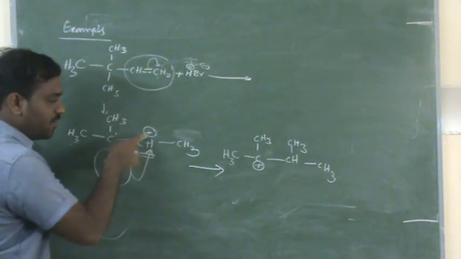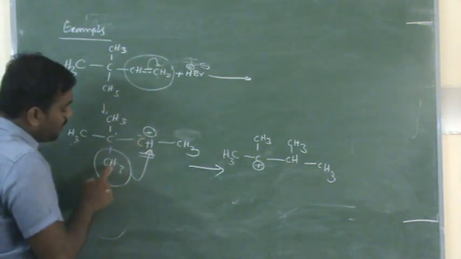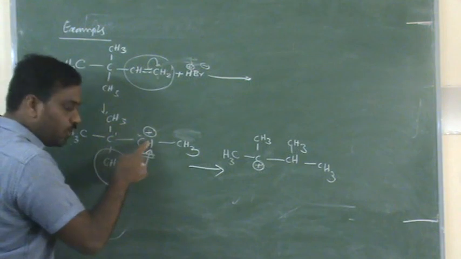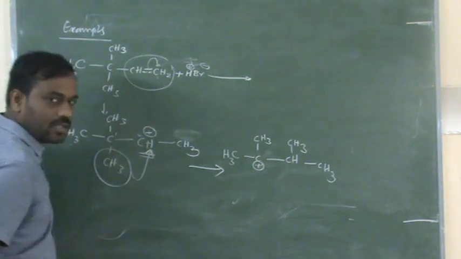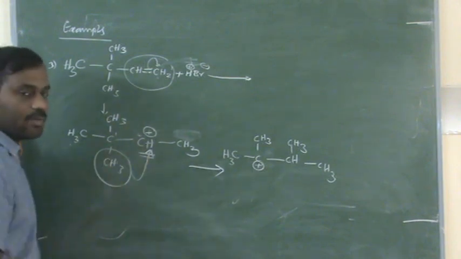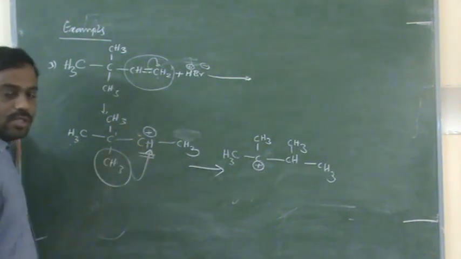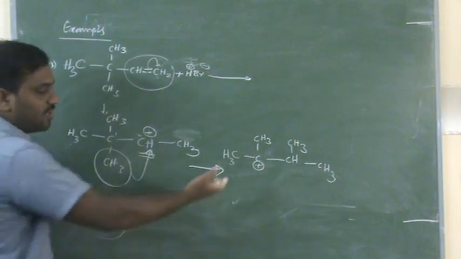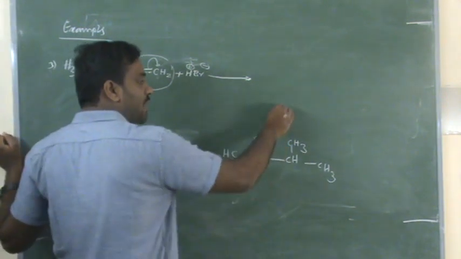Do you understand? Previously the positive charge was here. Now this methyl shifts to here, then we get the positive charge here. This is called a 1,2 methyl shift. Why is the shift happening? Because the secondary carbocation should be converted into a tertiary carbocation. Now it is a tertiary carbocation, the most stable carbocation.